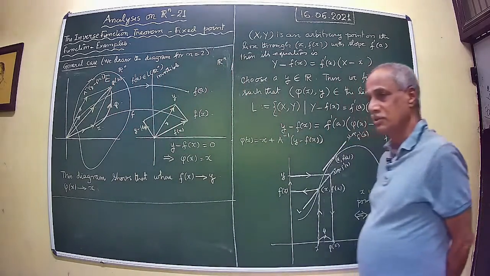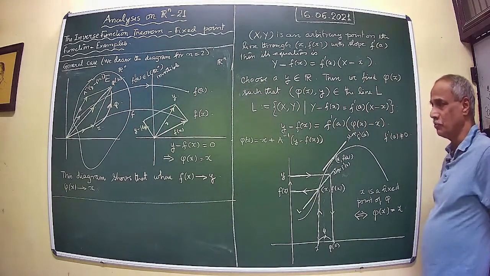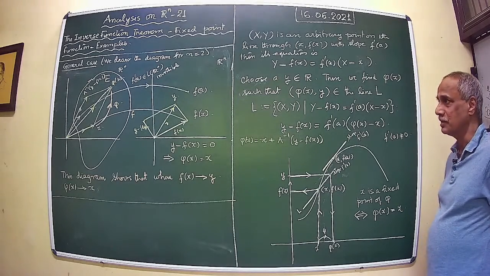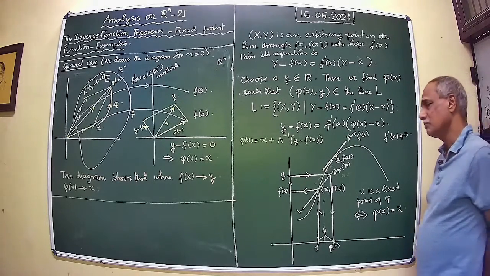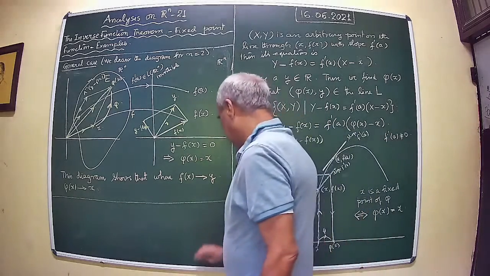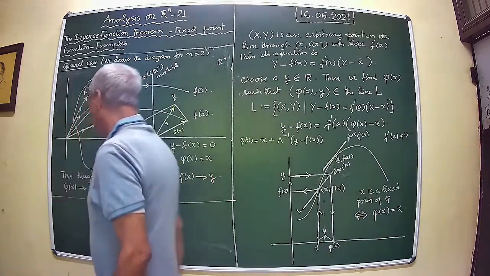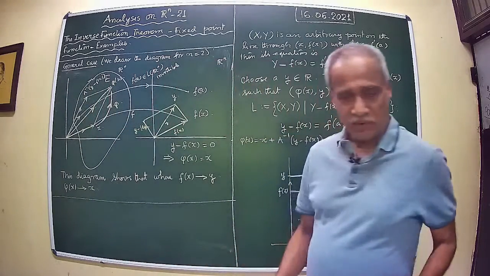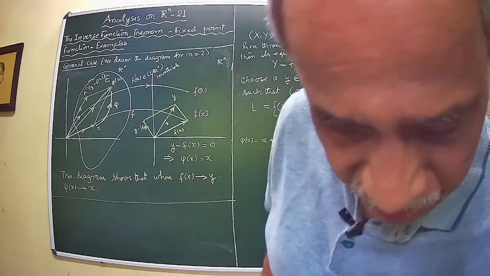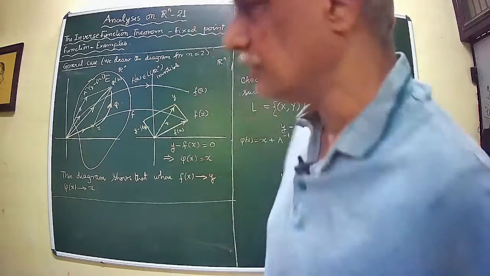So you can go back to the proof of the theorem and see how this gets applied. That's just the structure of the phi map. Now what I want to do is look at some examples.